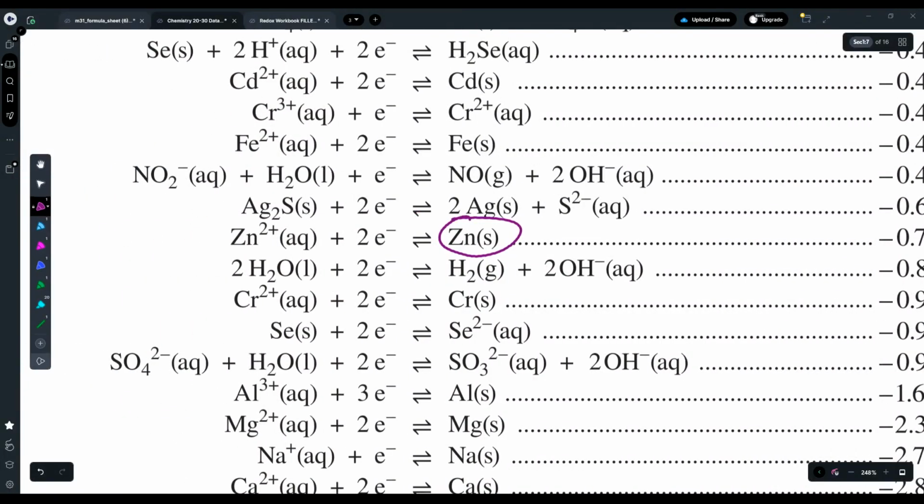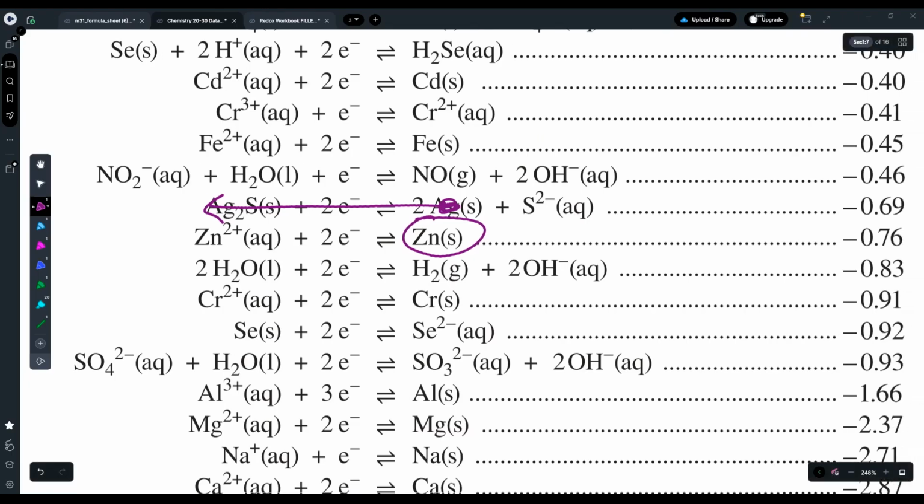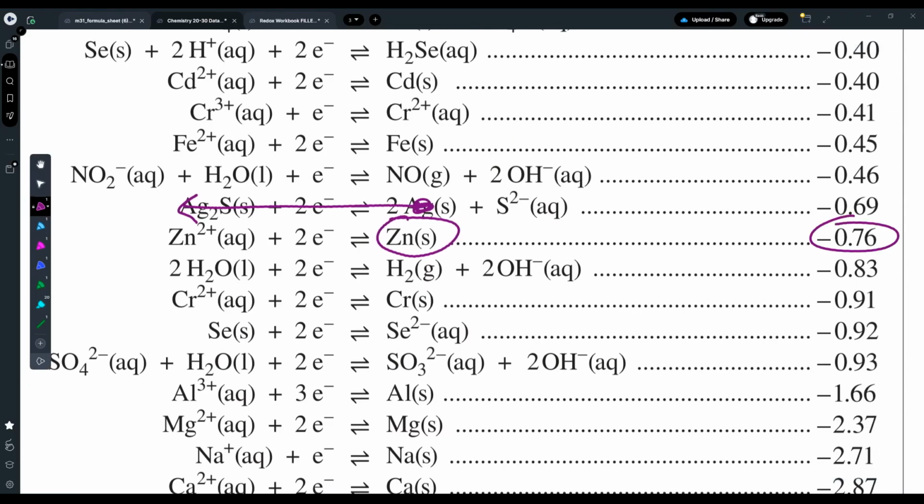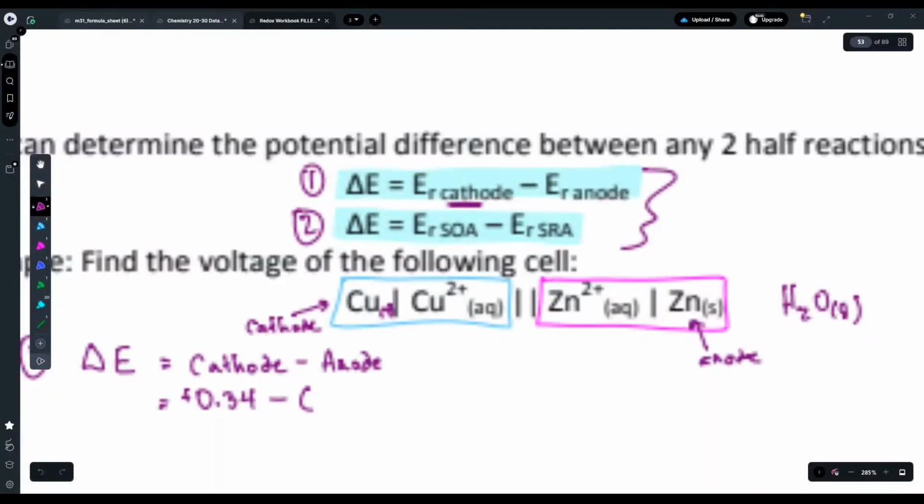So the reaction happening at the anode is this as an oxidation reaction, so we're reading it backwards. Zinc solid loses 2 electrons, and in the process zinc 2+ ions are produced, and the electrical potential is negative 0.76.